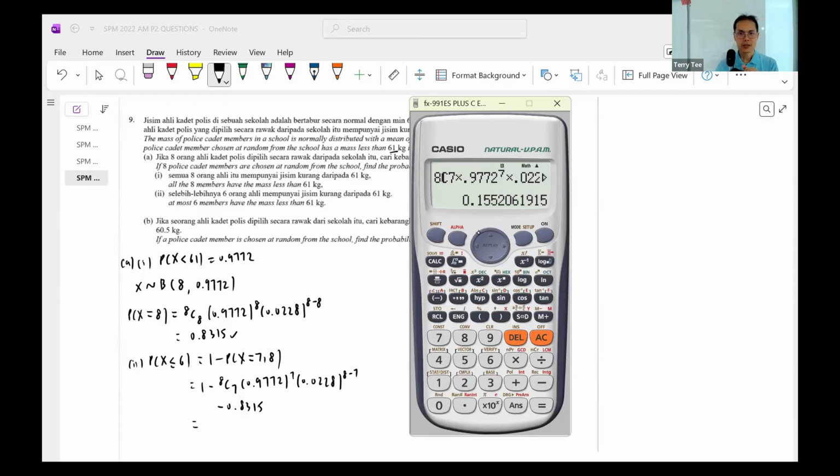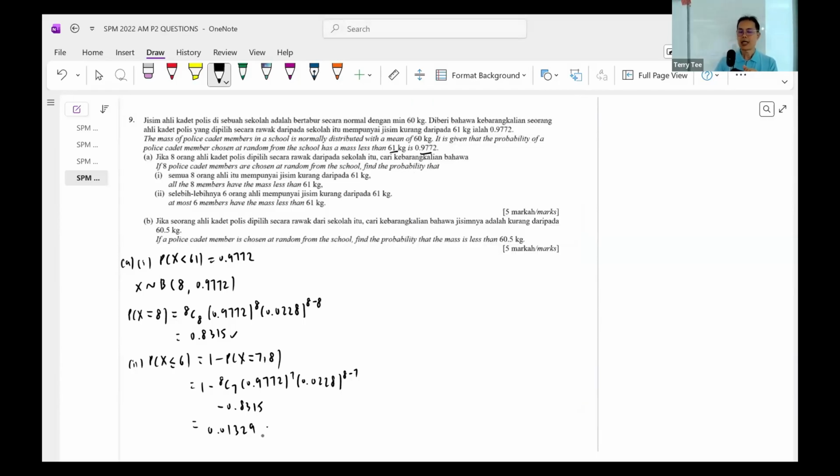This is power 1. So this is a value. Then I do 1 minus this answer, minus 0.8315. So you can get 0.01329. 0.01329.